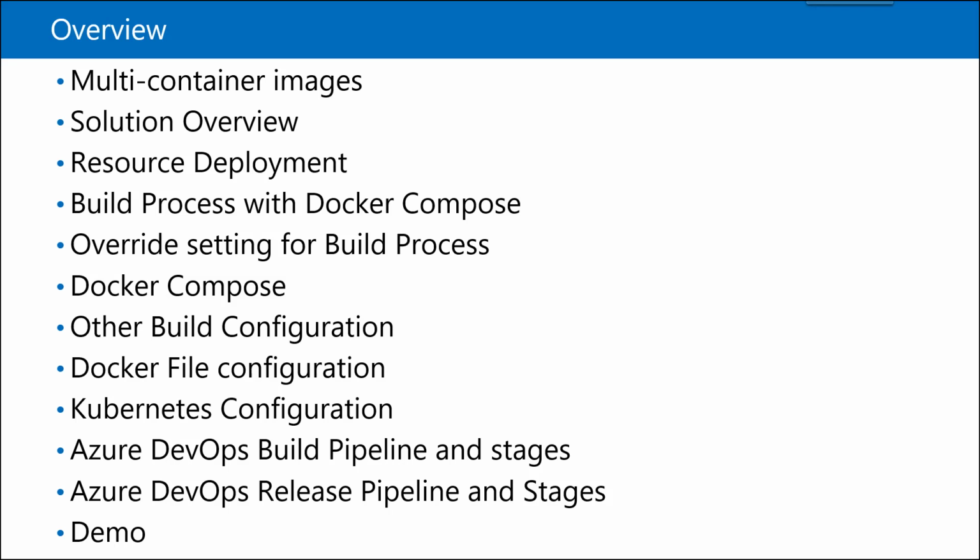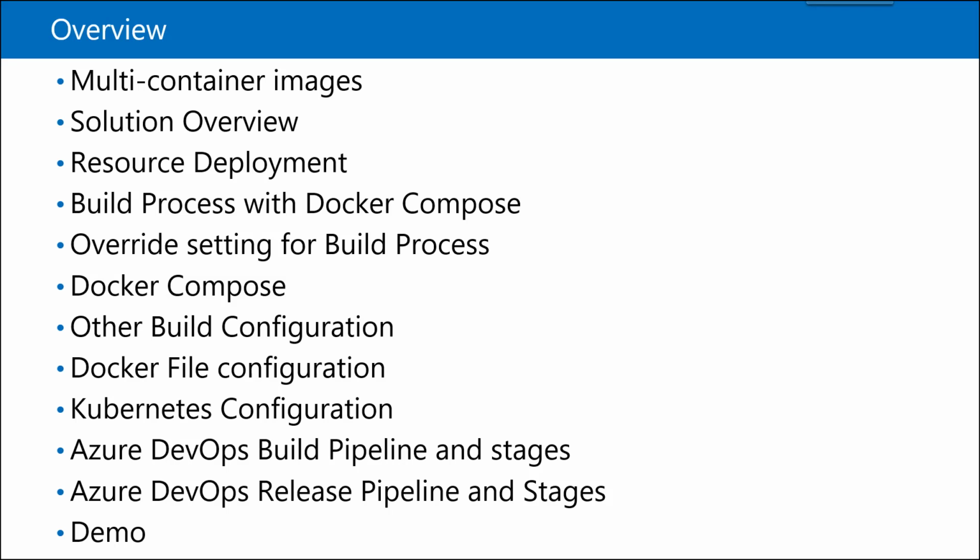Then we will dwell deep into the build process with Docker Compose and what are the different override settings for the build process. Then we will learn about Docker Compose and different build configurations supported by it. Then we will jump to Dockerfile configuration used in this demo, and then Kubernetes configuration used in this demo.